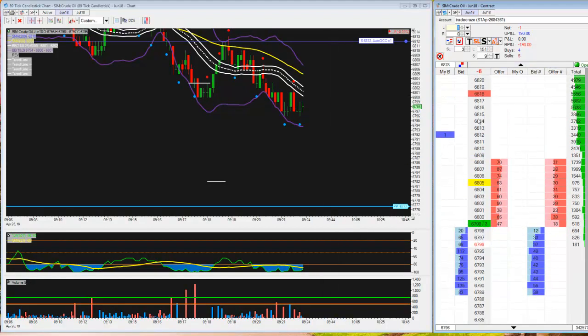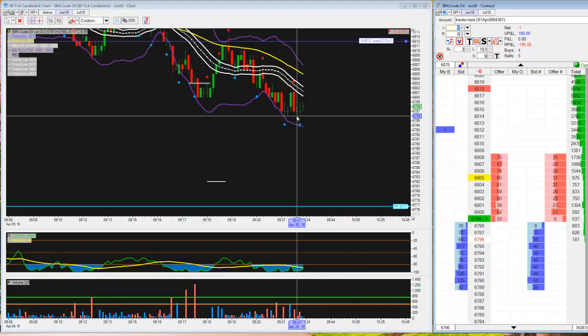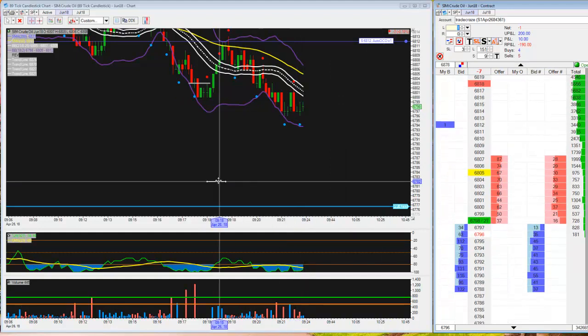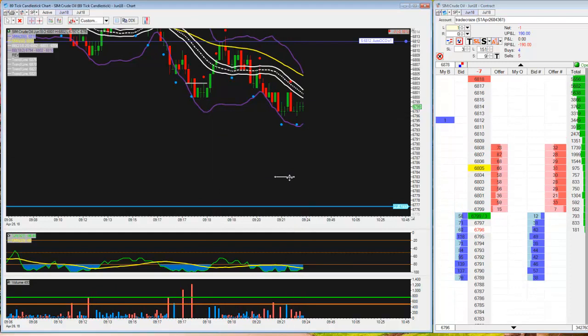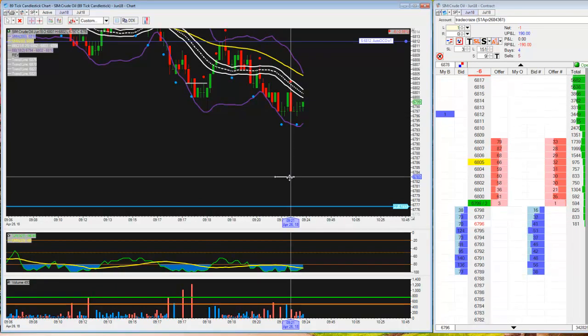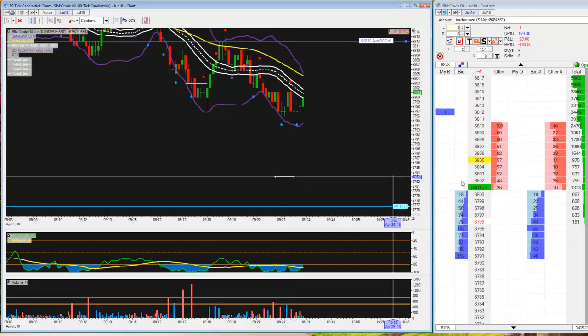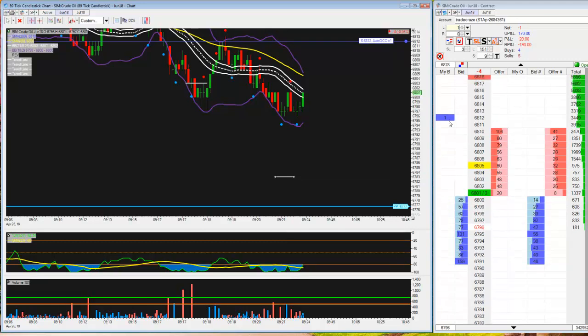Make up a little bit of our loss here, in case that low wants to hold.